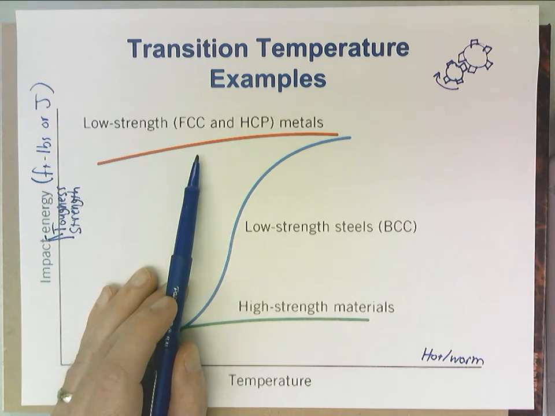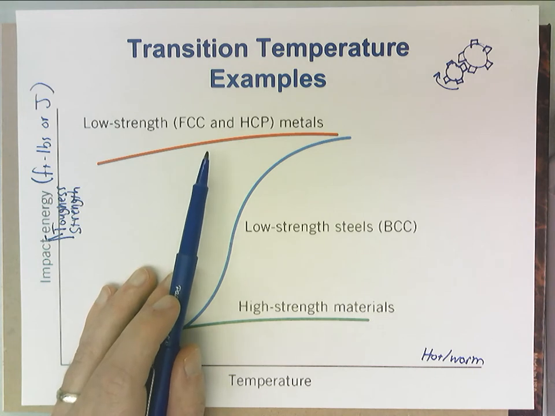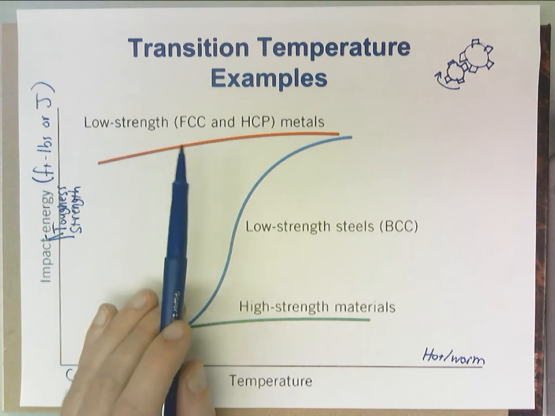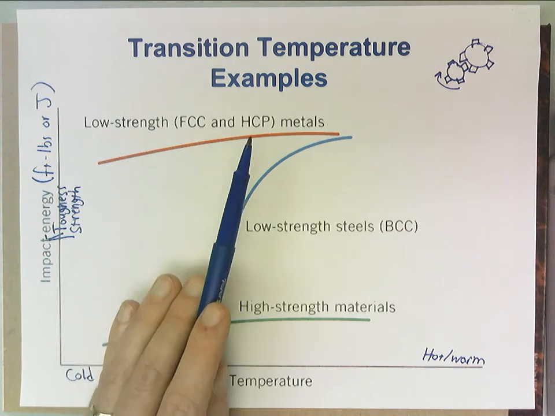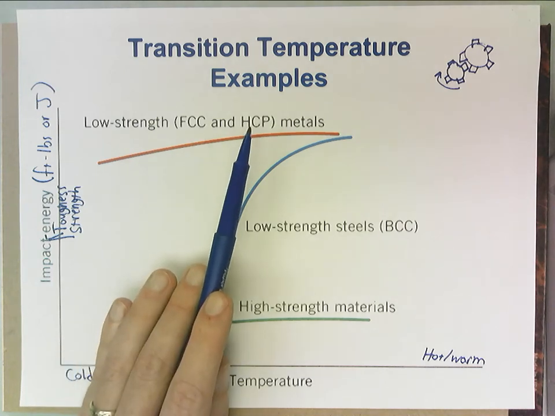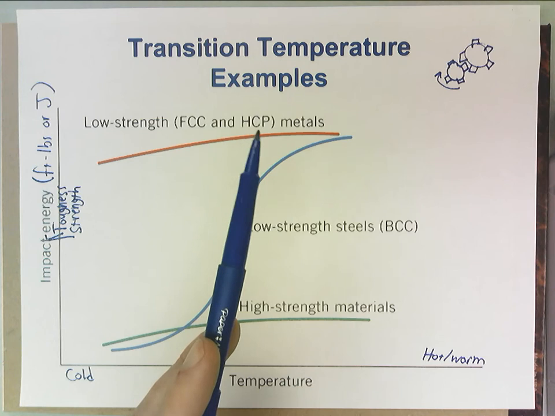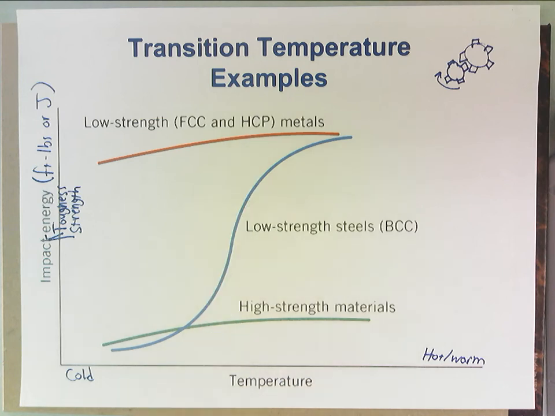Up here, this is more like copper alloys. This is titanium. This is a lot of your aluminum alloys. They are tough, oftentimes face-centered cubic, sometimes HCP, okay? If you look up like zinc, zinc is more down here than it is up here. So this includes titanium, but doesn't necessarily include all HCP materials.